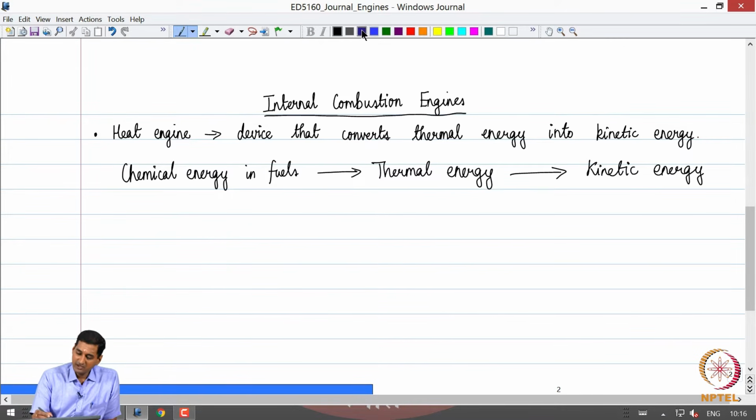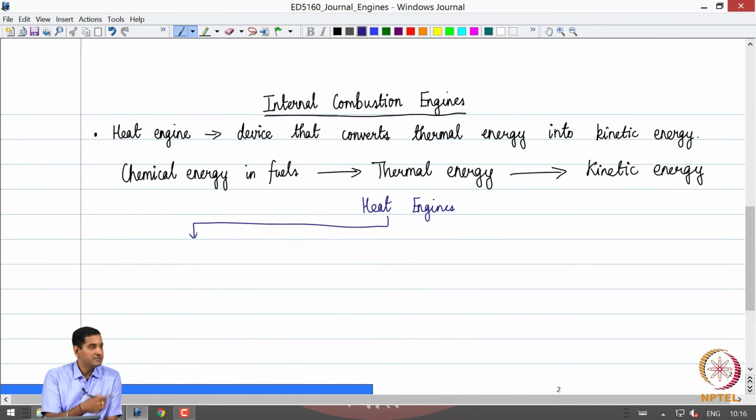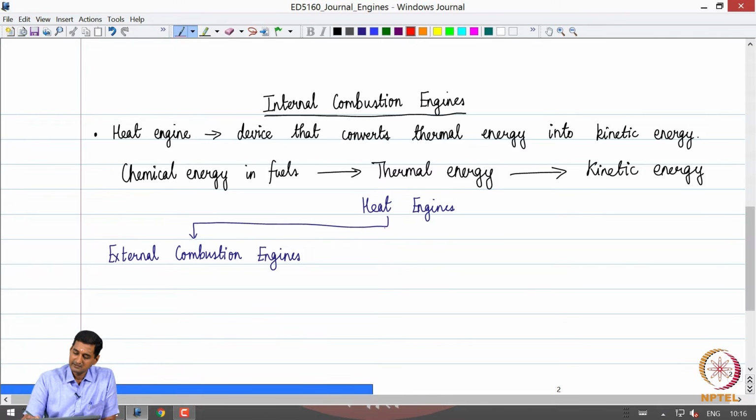Now, if we look at broad classifications of heat engines depending on the attribute that we utilize, heat engines can be broadly classified based on how combustion and these two energy conversion processes happen, as what are called external combustion engines and internal combustion engines.